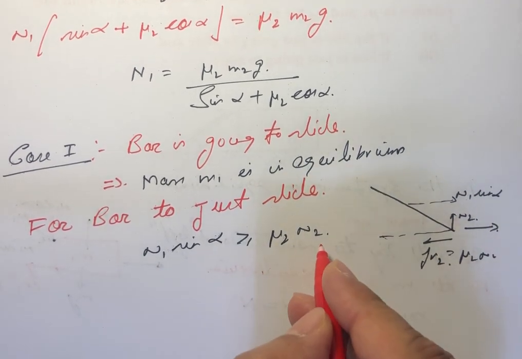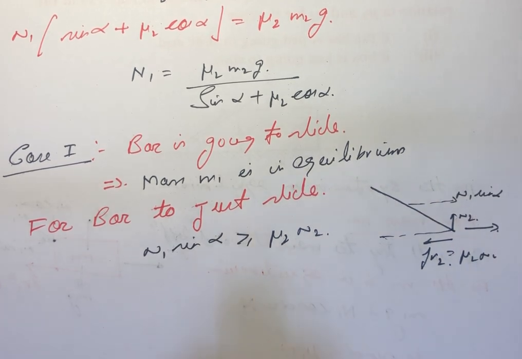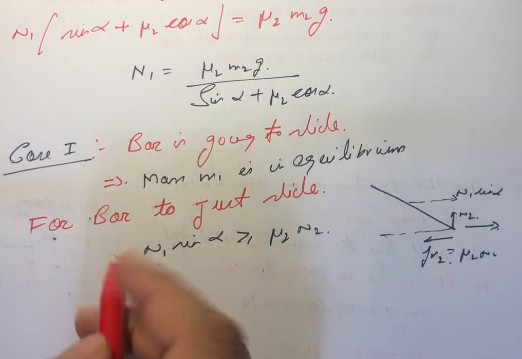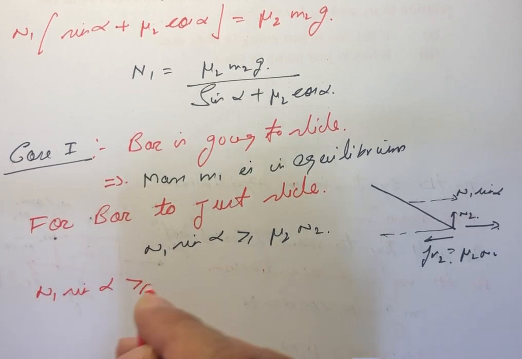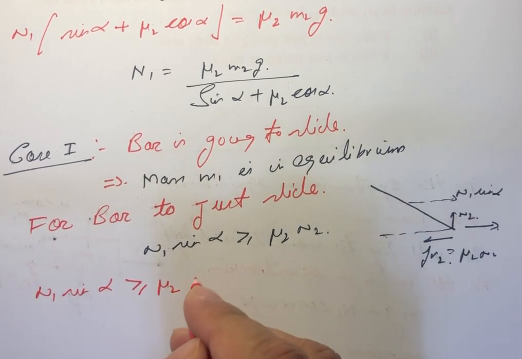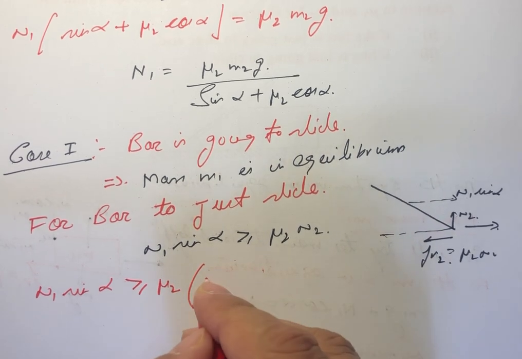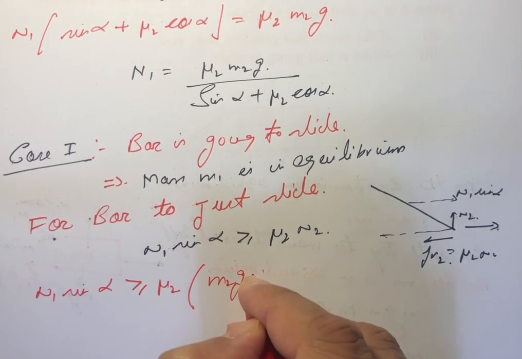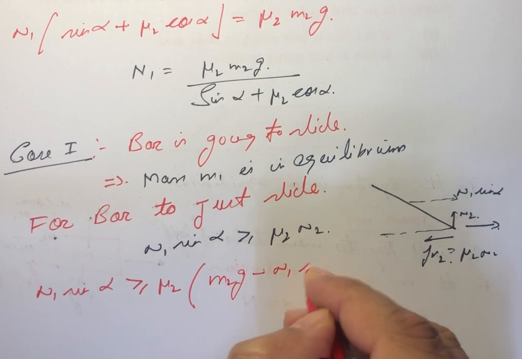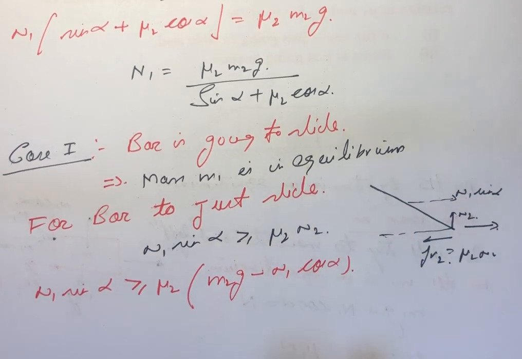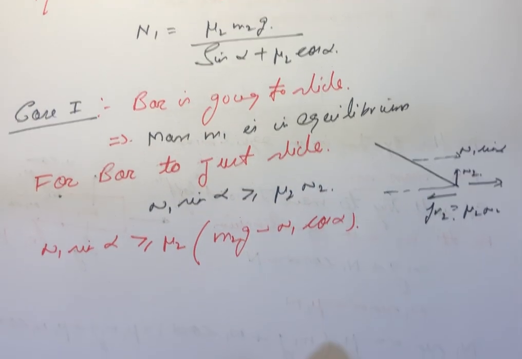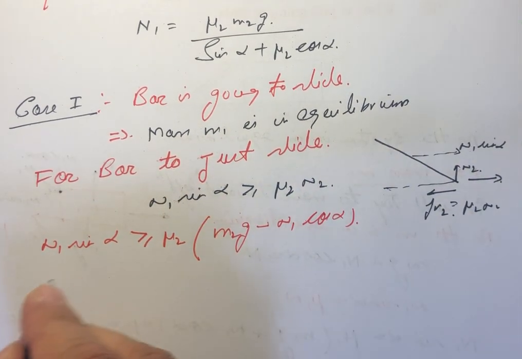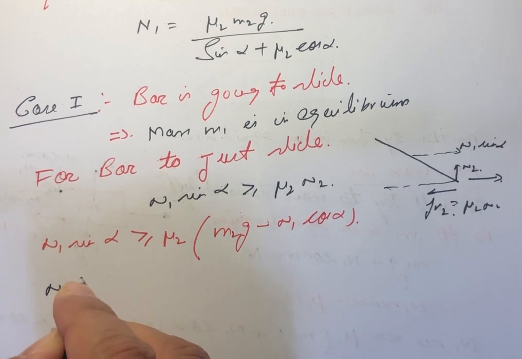So we already know the value of n2. We can say our n1 sin alpha is greater than or equal to mu2 times n2, and we know n2 is given as m2 g minus n1 cos alpha. Once again we write it taking n1 common.